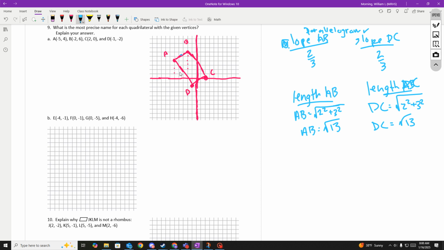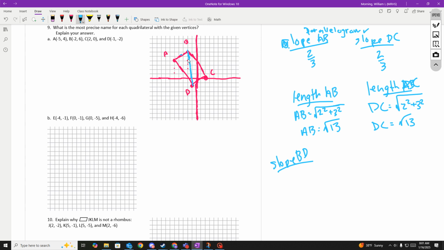We want to show if it's a rhombus or not, or if it's a rectangle or not. So let's do the rhombus. Actually, it doesn't matter what we do. I'm going to use the diagonals for both of these. First I'm going to use the diagonal BD. I'm going to get the length of BD and the slope of BD. Let's do slope first.